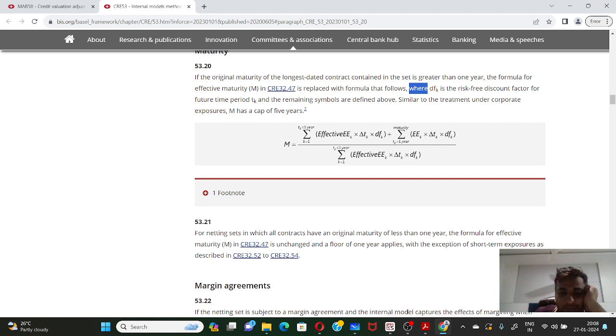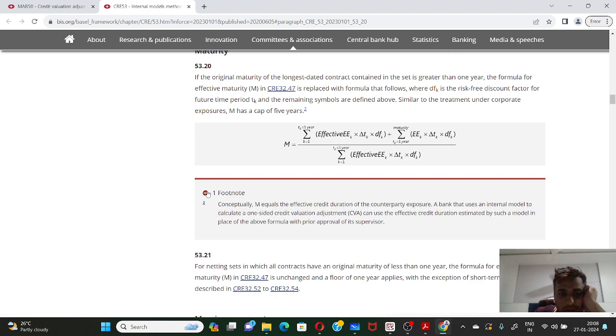Could you just quickly open the footnote below? The one footnote right below the formula, above it, the red box. There's a footnote for the formula. Conceptually, M equals the effective credit duration of counterparty exposure. If you understand bonds, bonds have an effective duration, correct?